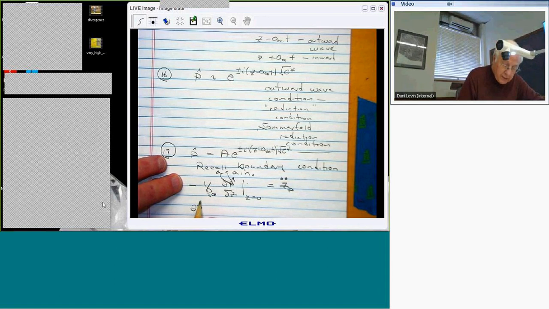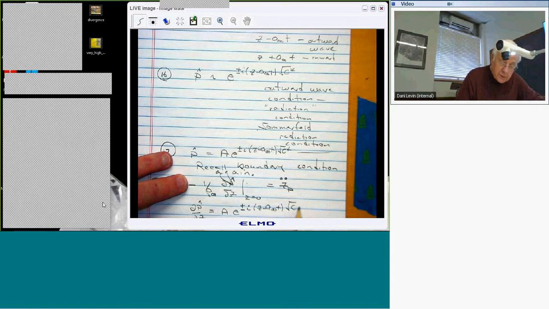It's A e plus or minus I z minus a infinity t square root c star, times the coefficient of z, which is plus or minus I square root of c star.